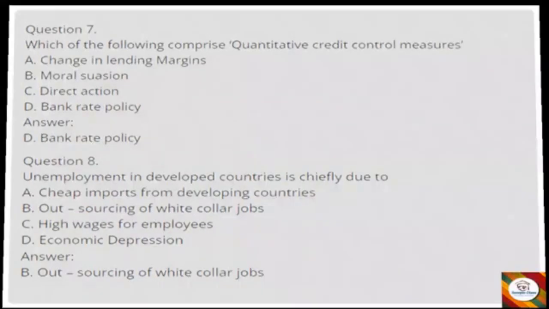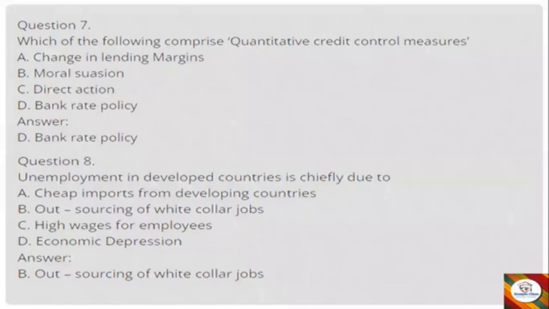Okay. Question 7. Which of the following comprise quantitative credit control measures? A. Change in lending margins, B. Moral suasion, C. Direct action, D. Bank rate policy. And the answer is option D, bank rate policy. Question 8.